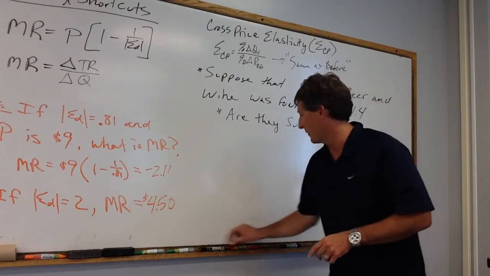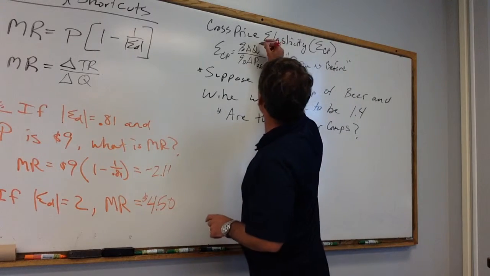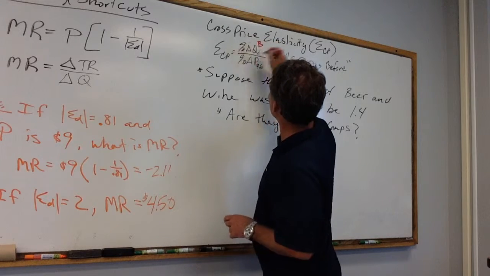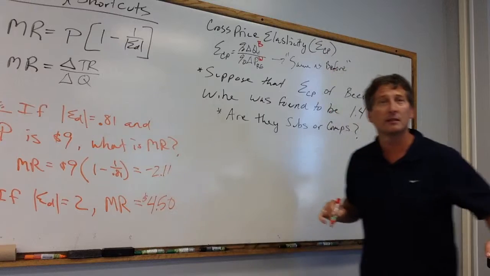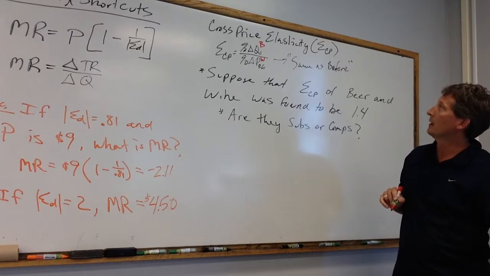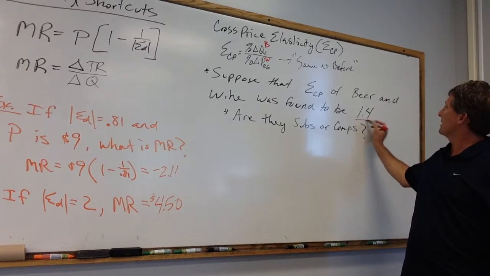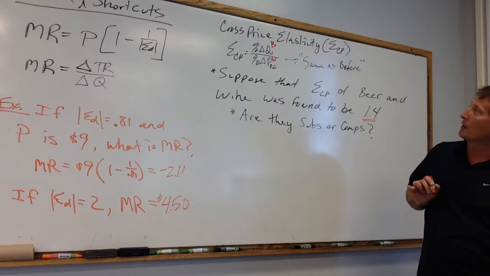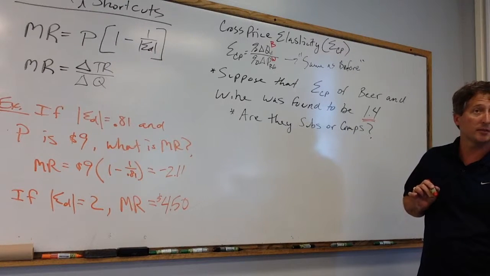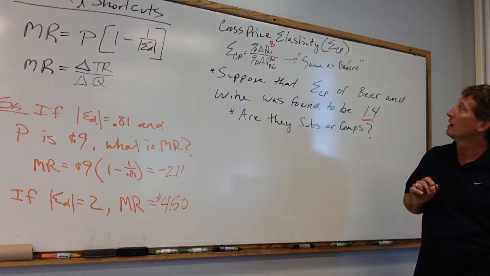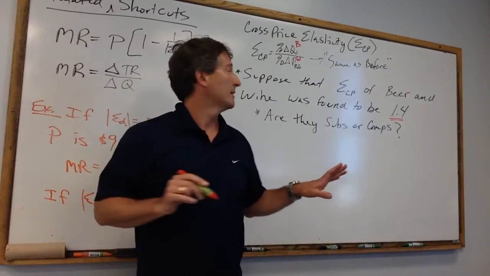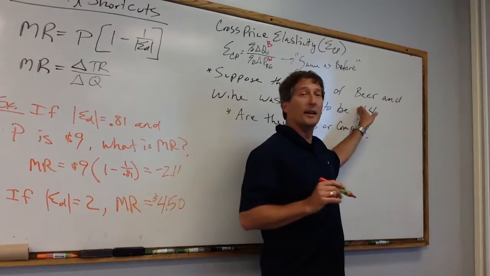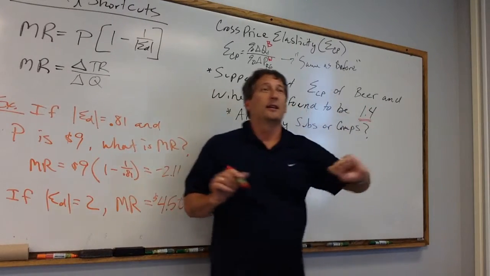So let's say that we've got beer up here, quantity of beer sold, price of wine. If the elasticity turned out to be 1.4, are they complements or substitutes? Complements? Yeah. So why do you say that? What's your interpretation? The elasticity is higher than 1. Okay, it's higher than 1. Meaning they are.